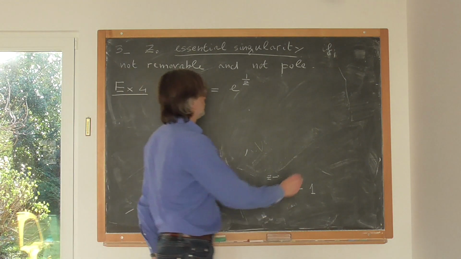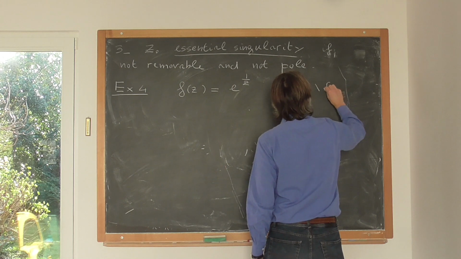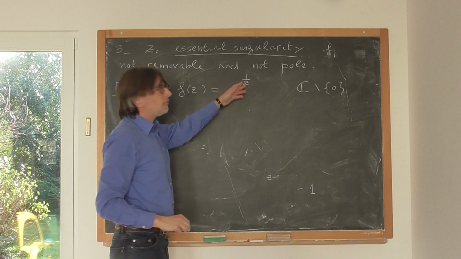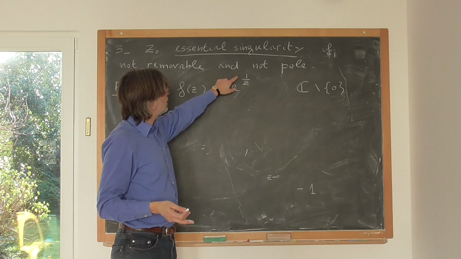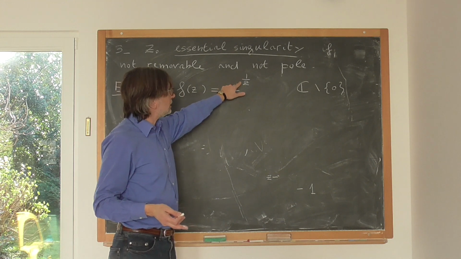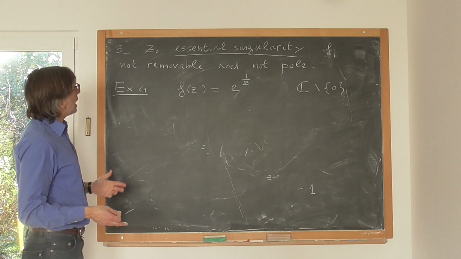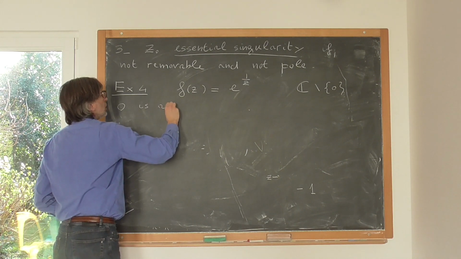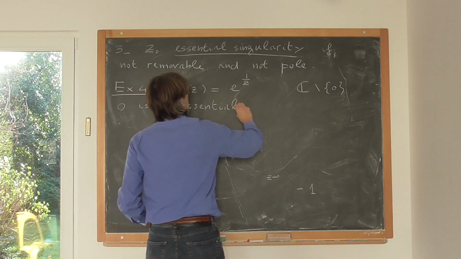This function is holomorphic on C minus the origin. It's the composition of the exponential function, which is holomorphic everywhere, with the function mapping z to 1 over z, which is holomorphic here. And I claim that 0 is an essential singularity.